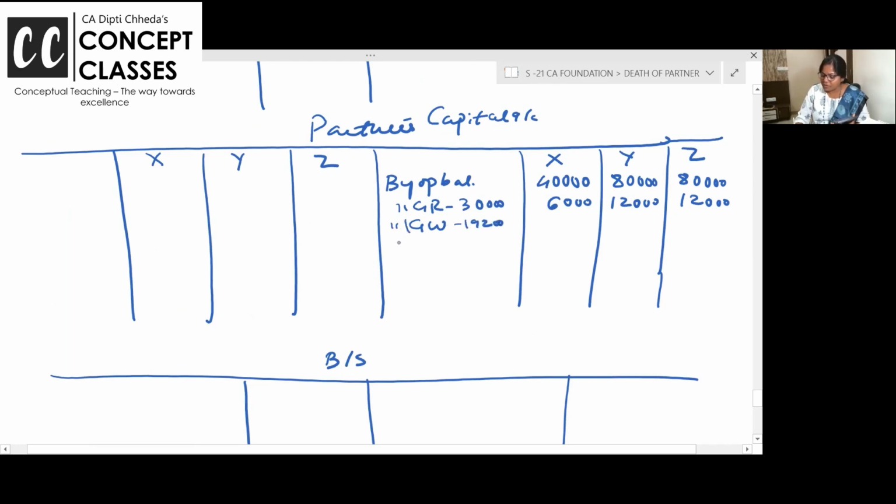But when you are giving goodwill to Z, you will write by X and by Y. Yes or no? 19,200 goodwill, you give it in the sacrificing ratio, which is nothing but old ratio, into 1 by 3. 6,400 X देगा और Y कितना देगा? 19,200 into 1 by 3. अब 19,200 into 2 by 3. 12,800.